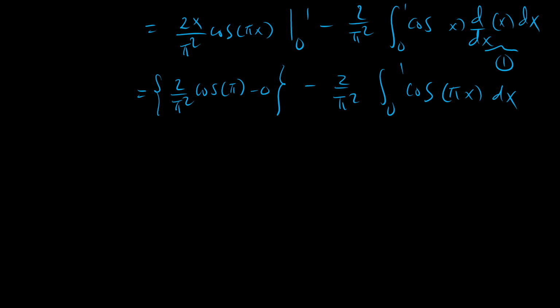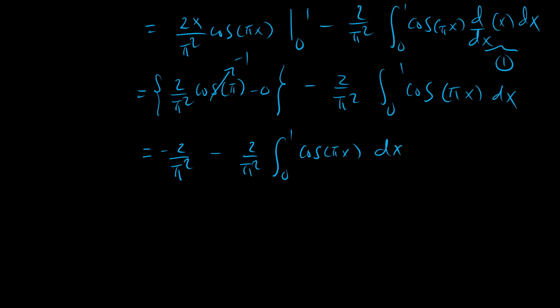And so in essence, what we have is this goes to negative 1, so we have negative 2 over pi squared minus 2 over pi squared, integral from 0 to 1 of cosine pi x.